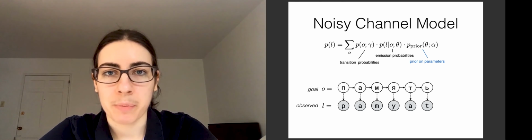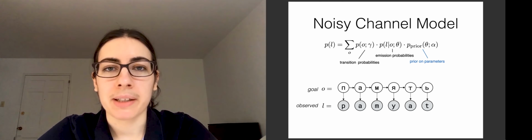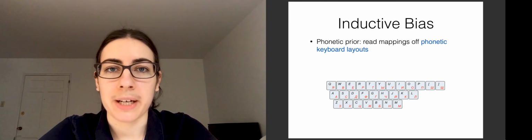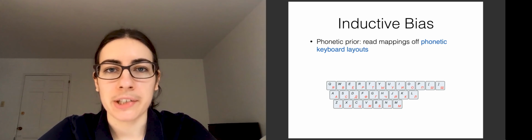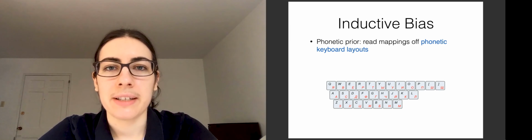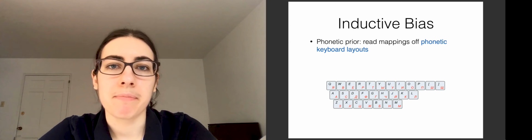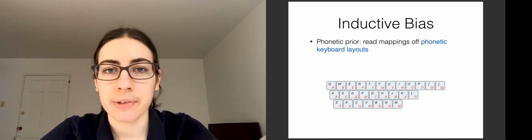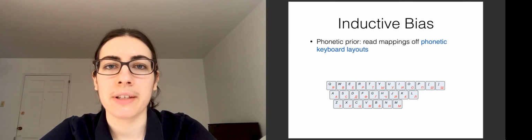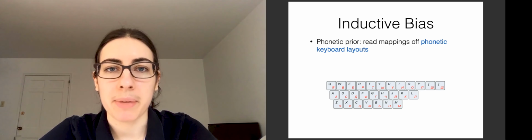I will come back to the parameterization in a bit, but let me first talk about where those priors come from. We don't actually want to operationalize the complex similarity patterns. Instead, we prefer to read pairs of similar characters off existing resources that by design encode the same similarity patterns.